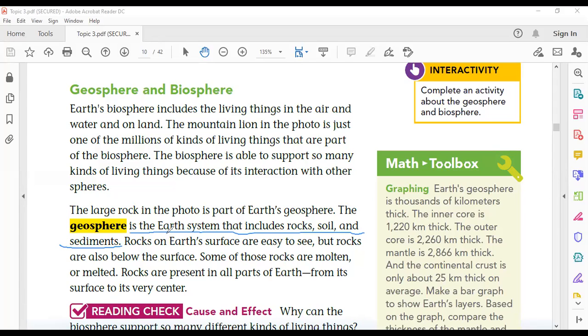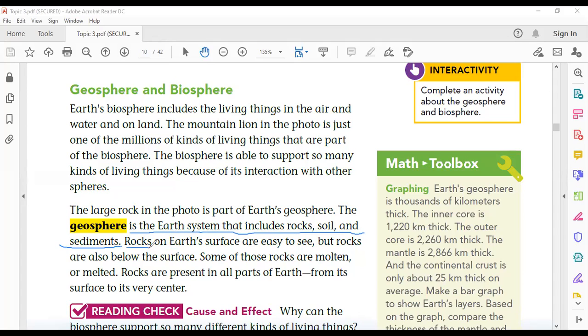Okay, this is the geosphere. It is the Earth system that includes rocks, soil, and sediments. Do you think that there are rocks under the ground? Yes.